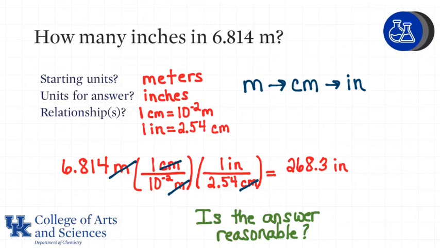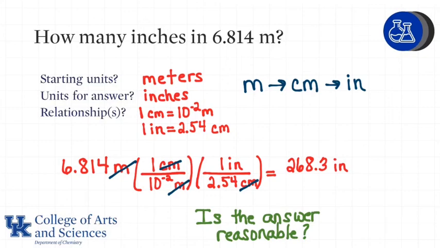Neither of my relationships have values that are going to contribute to significant figures because all of these values are exact numbers. All of our meanings based on metric prefixes are exact, and 1 inch equals 2.54 centimeters is an exact value. So our answer is based on the number of sig figs in our original number.